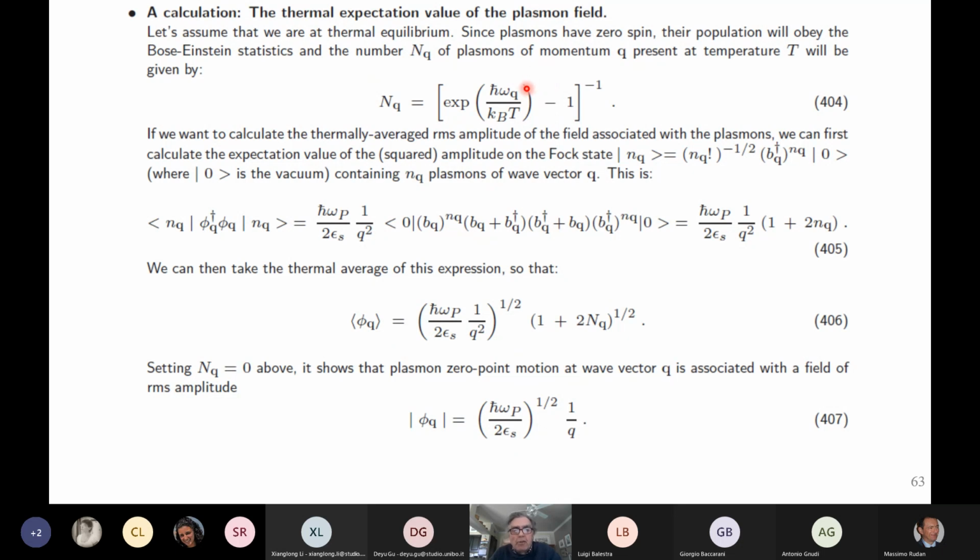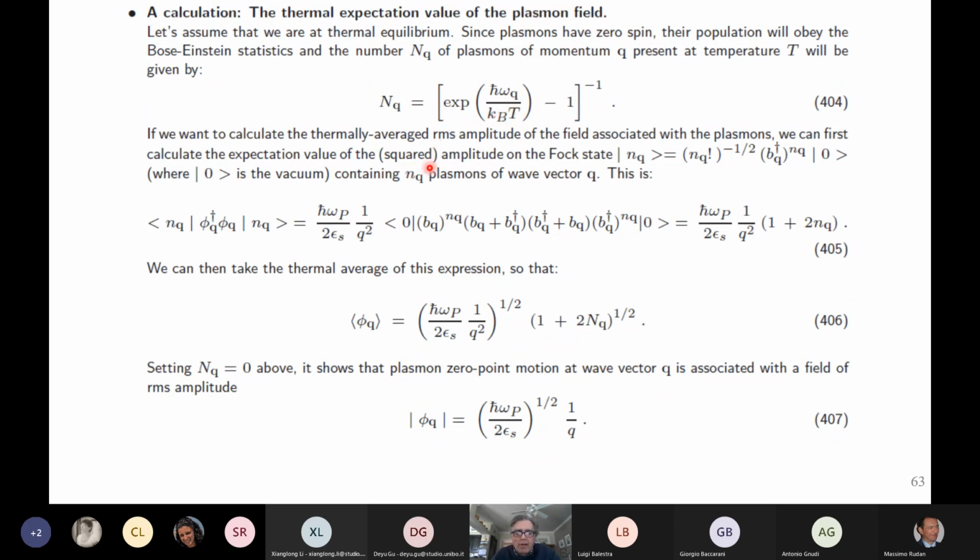So exactly the same procedure. Plasmons are bosons, so they obey the Bose-Einstein statistics, and this is the number of plasmons of momentum Q, so energy h bar omega Q, which actually does not depend on Q, but this is the general expression. That tells me their occupation number at a given non-zero temperature T, and k_B is the Boltzmann constant.